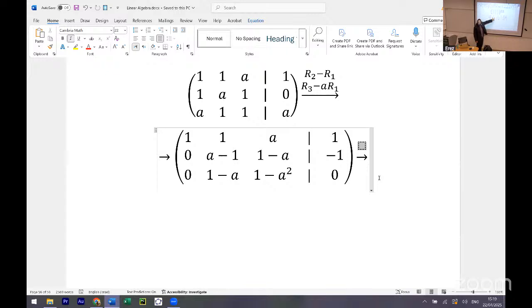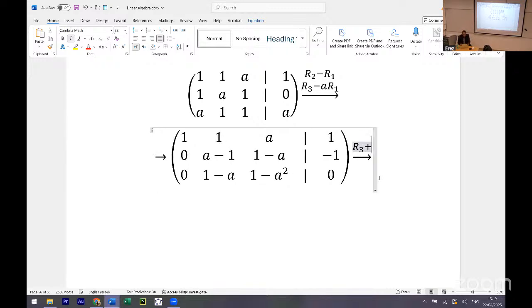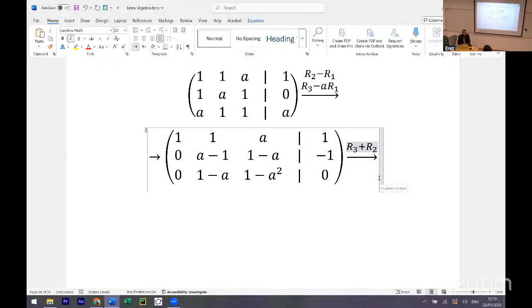But here we don't need to, because this is exactly the minus of this. All we need to do is sum up the two rows. These are the cases where sometimes you may have to divide, but usually you don't. There are many tricks, and so R3 plus R2, we add the second row to the third one.